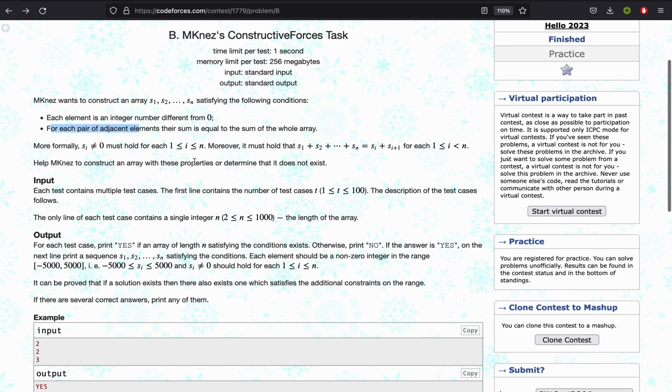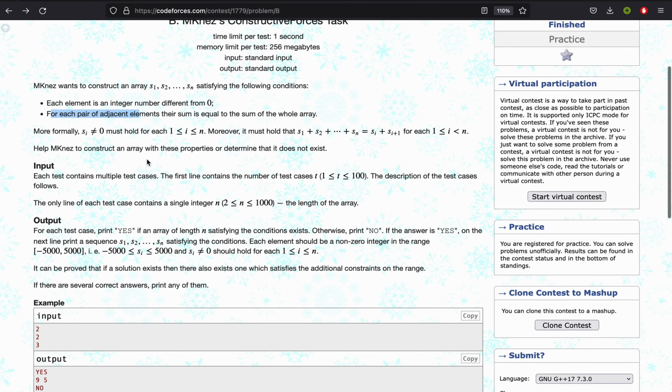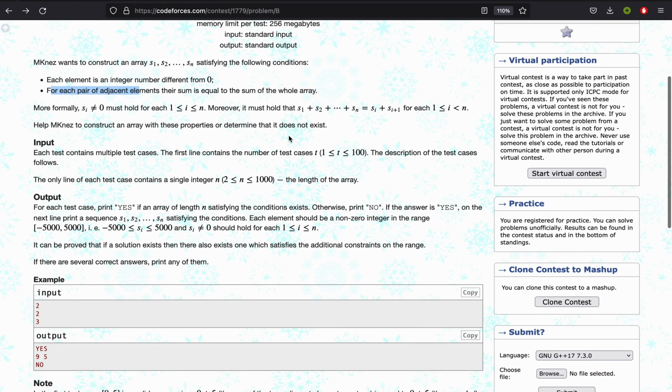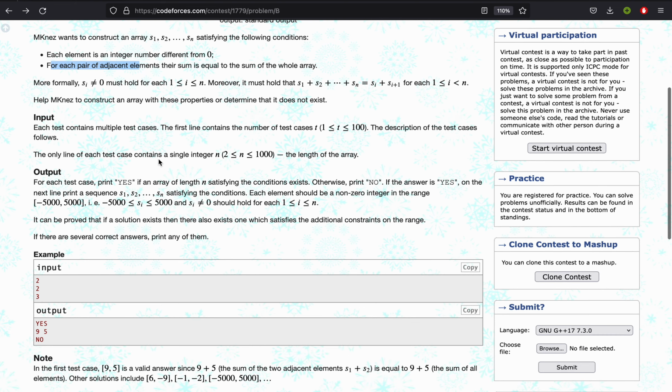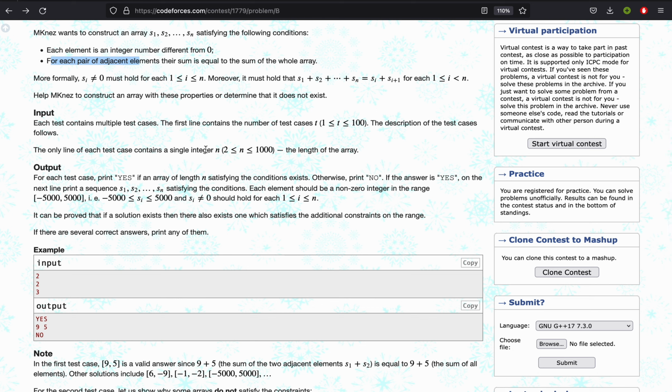So we have to construct that array. If it does not exist, then print no. We are given test cases, and for each test case we are given the size of the array. We print yes if an answer exists, and print that array.